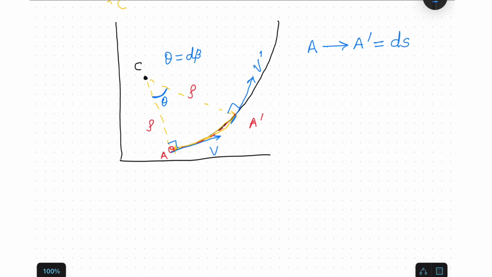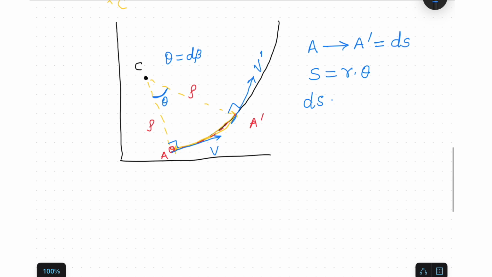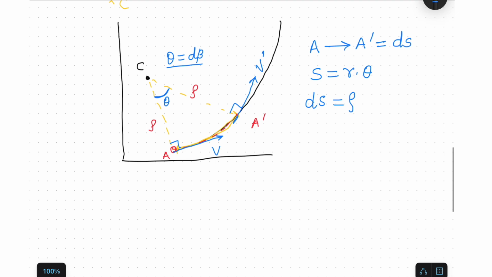If you remember from high school, arc length is equal to r multiplied by the angle theta. In this case the displacement from A to A dash is ds. What about the radius of this curvature? We wrote that the radius of curvature is rho, and theta is d beta.